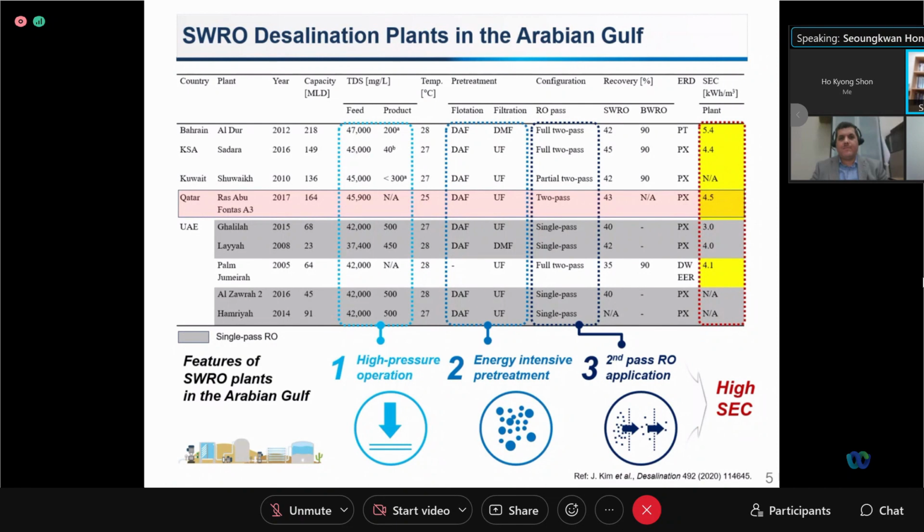Lastly, second-pass RO such as BWRO is applied to decrease the salinity further. All of these features increase the specific energy consumption (SEC) of the SWRO plants in the Arabian Gulf.